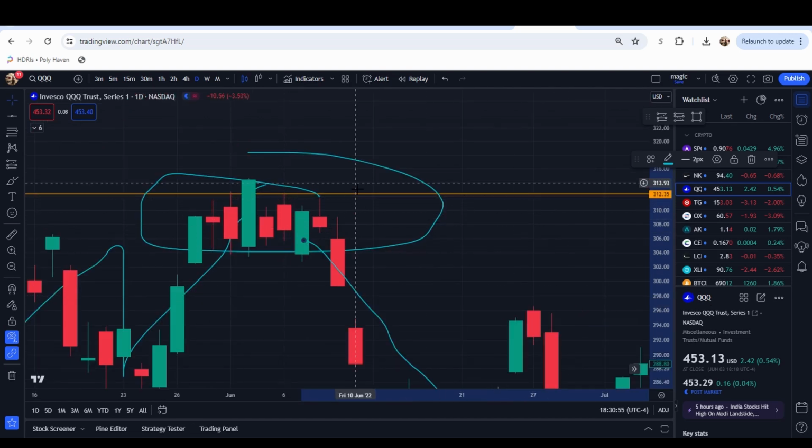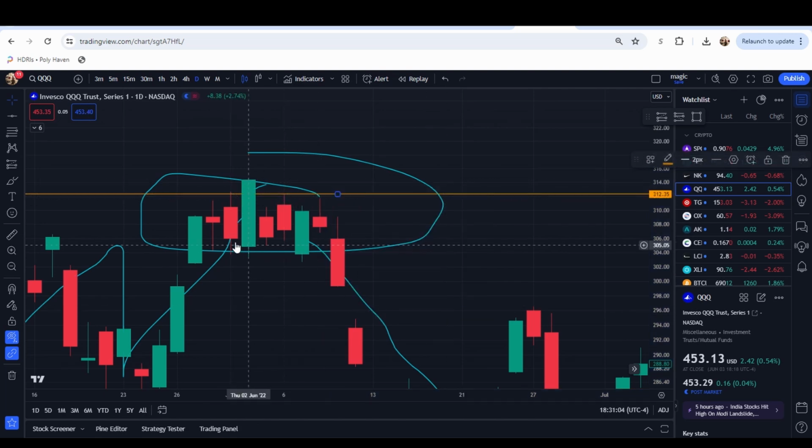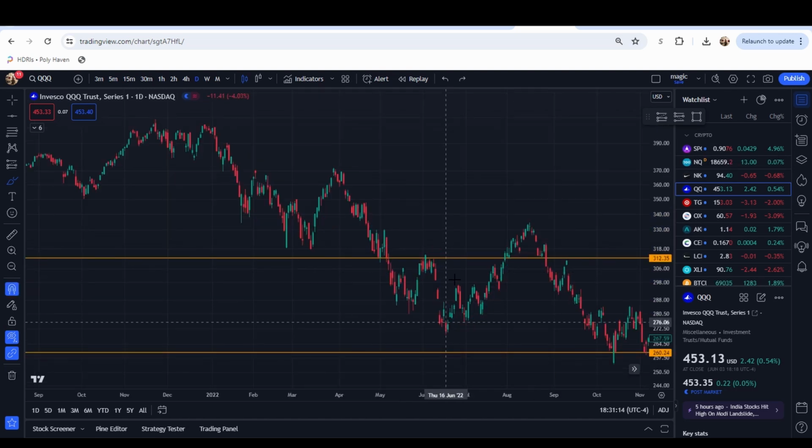It doesn't have to be spread out. 3 or more. 1, 2, 3, 4. Selling opportunities. Boom. I don't know why it went squiggly like that, but interesting. Anyway, so that's that, right?